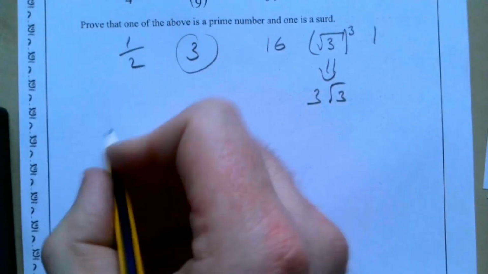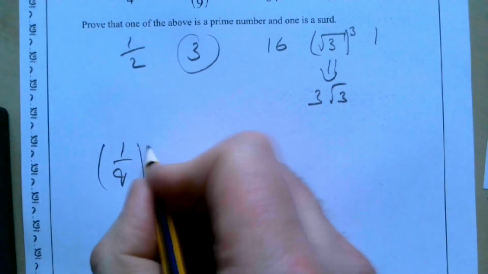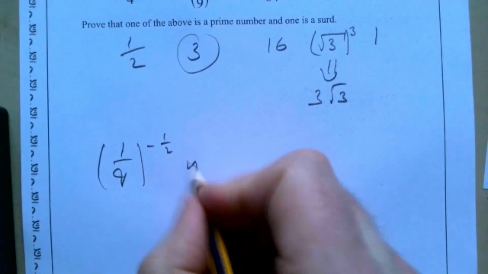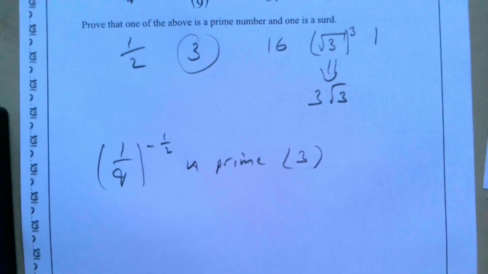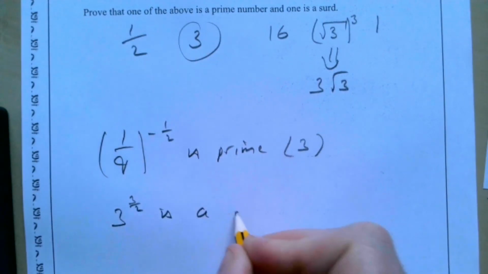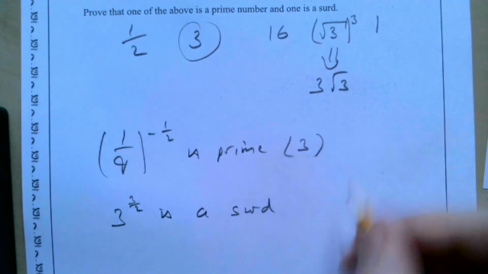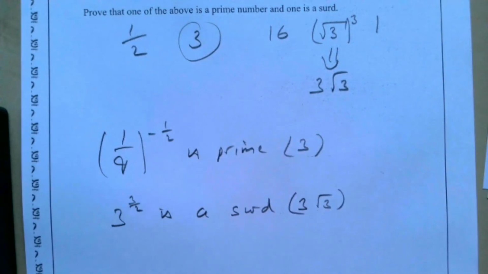So that would be it then. So I guess just a wee final thing. 9 to the power of minus a half is prime, because it's 3, and then 3 to the power of 3 over 2 is a surd, because it's 3 root 3. And that's us done.